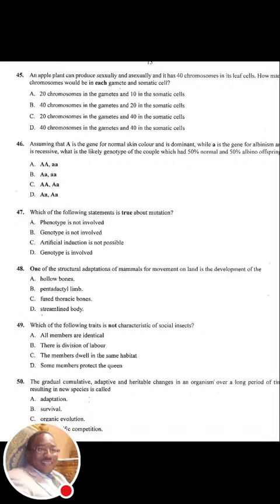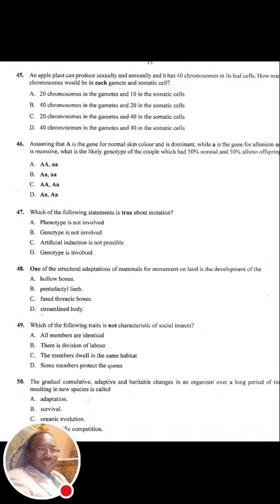They are leaf cells that are part of the body cells of the apple plant. These leaf cells are somatic cells. So if those 40 chromosomes are in the leaf cells and they carry out mitosis, they will still have 40 chromosomes in the somatic cells of the leaf. But in the sex gamete, it will have 20 chromosomes, which is half of 40.